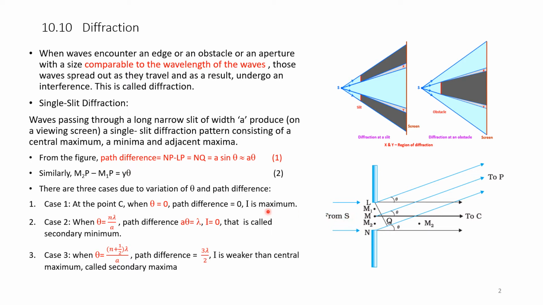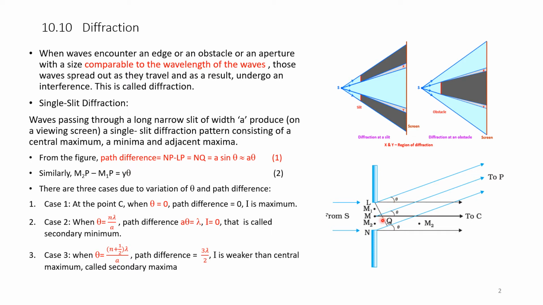In case number 1, the rays are going directly to the point C on the screen, when theta equals 0. The inclined rays subtend an angle theta, whereas the rays going directly to the screen form angle 0, and the path difference here will be 0 because the rays are going straight to C. Hence all the rays are converging at C, and the intensity of light is maximum at C. That is called the central maximum, because the angle is 0 and the path difference is also 0. Let us take case number 2.